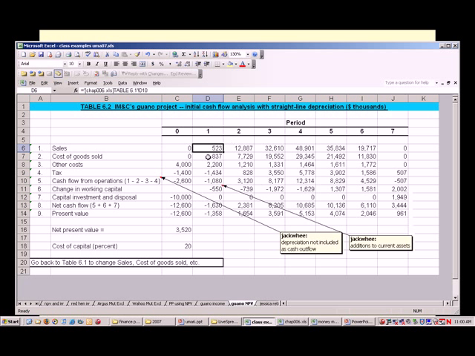We have our cost of goods sold that we had from our previous table of $837,000. We have our other costs of $2.2 million. We have our tax amount of a negative $1.4 million. And then we have a total here that I want to discuss a little bit, which is cash flow from operations.